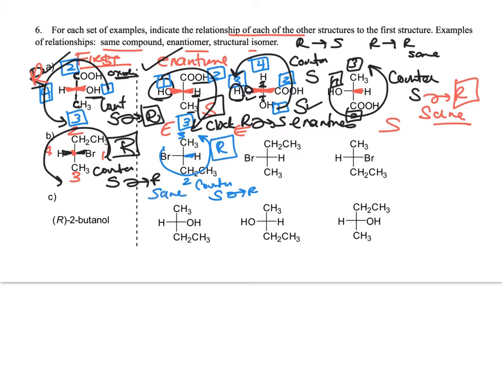Here we have bromine's 1, ethyl's 2, methyl's 3. That's clockwise, that's R, but your hydrogen's coming at you, so R goes to S, and S is the opposite of R, and so that is an enantiomer.